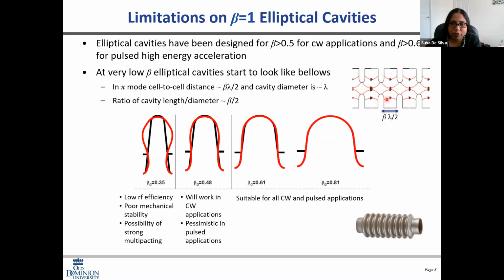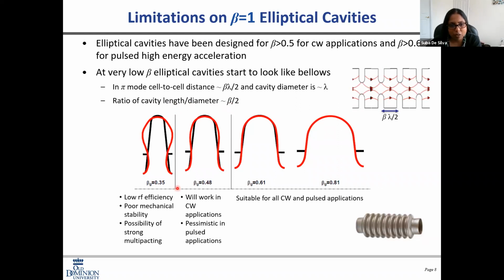If you take a multi-cell elliptical cavity, we know that the single cell length is about lambda over 2, so with varying beta, it will be beta lambda over 2. And then the cavity diameter is roughly on the order of lambda. So the ratio of the cavity length to diameter is on the order of beta over 2.